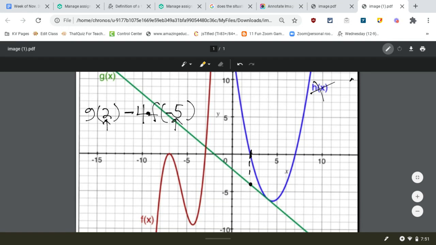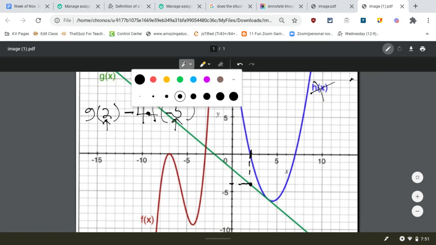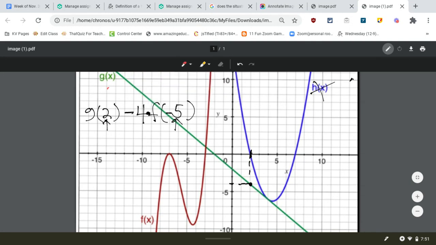We want to know the y value at that point. Okay, and so if you backtrack it to where the y-axis is, you can see it's there at negative 4. So g of 2 is equal to negative 4.